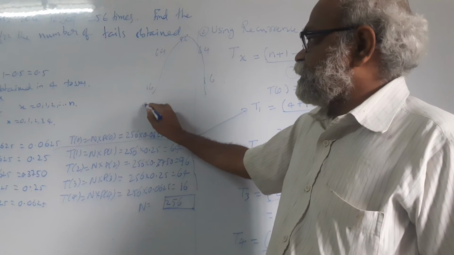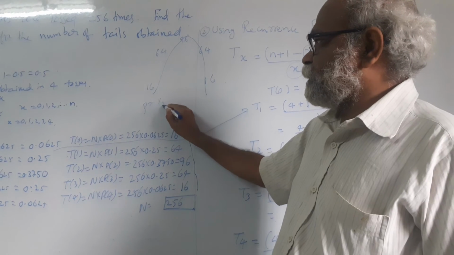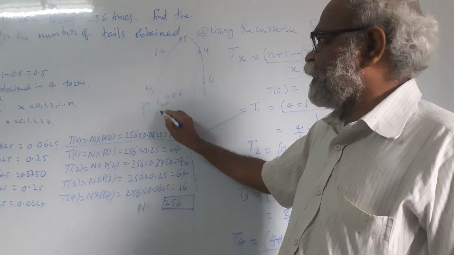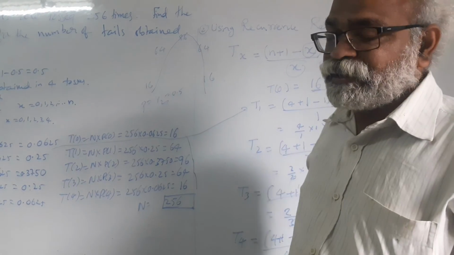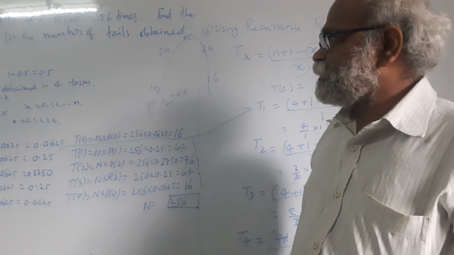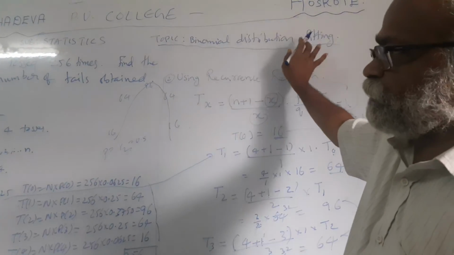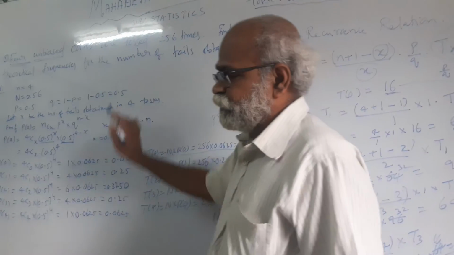So in properties we can learn that when p is equal to 1 by 2, or 0.5, the distribution is symmetrical. So this is how we fit a binomial distribution when the p value is known.